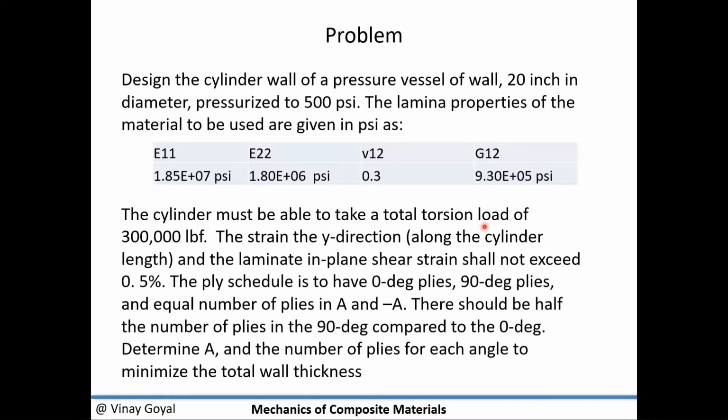And the hoop stress is P times R divided by T. So stress times T gives you the value that we're really looking for, which is NXX or NYY.